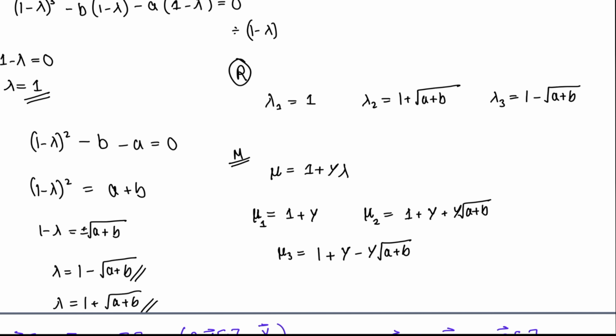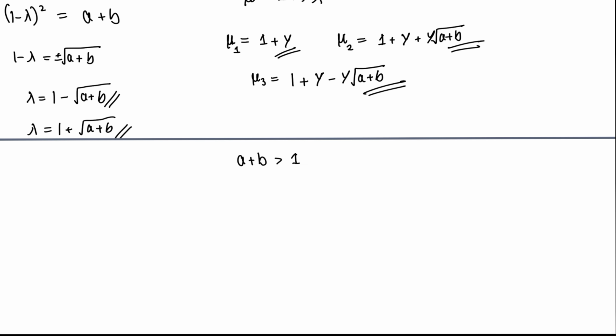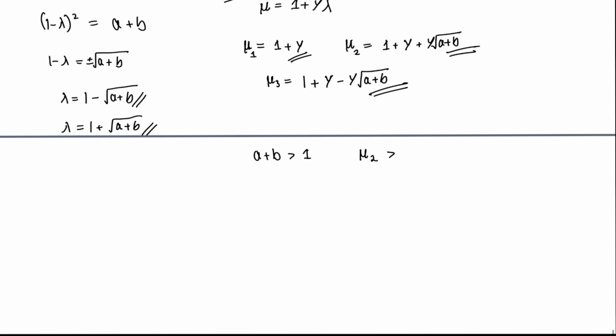And then finally, mu3 would be 1 minus gamma root A plus B. Okay, what we can see from these three eigenvalues is that if A plus B is greater than 1, if A and B are greater than 0, then we can say the eigenvalue mu2 is greater than 1.